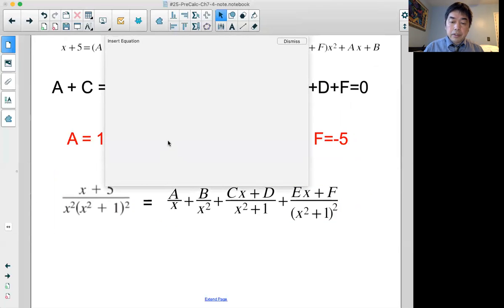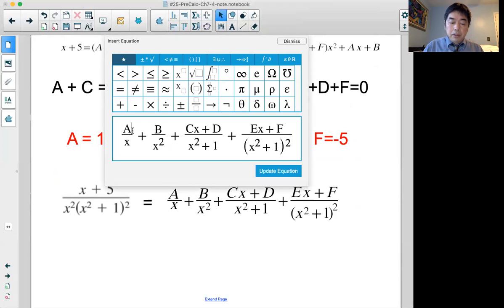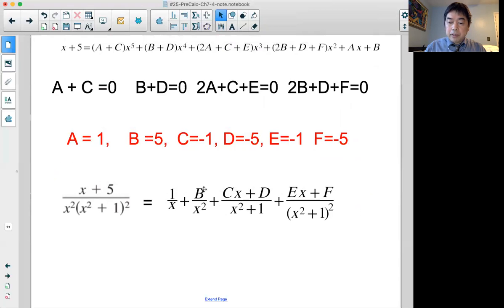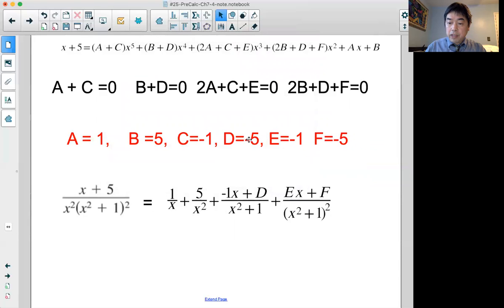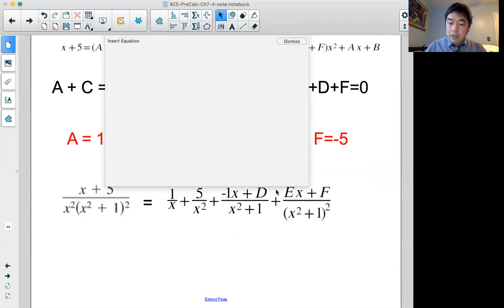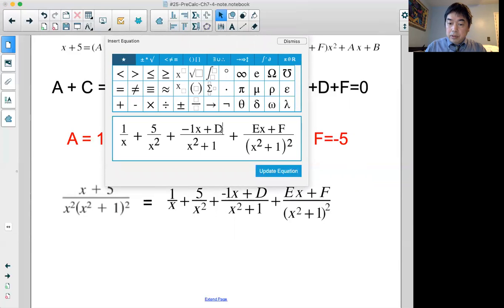Okay, so this is 1, 1, 5, negative 1. D is negative 5, negative 1, negative 5. I hope negative 5.